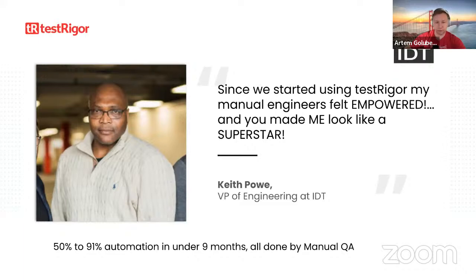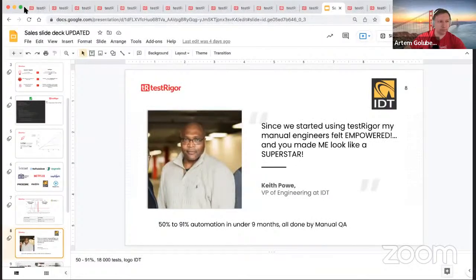Right now, I believe we have more than that. Everybody was very happy to be able to effectively build automation. We were able to jump from below 50%, where we got stuck, to over 91% of automation in just 9 months. All done by manual testers.